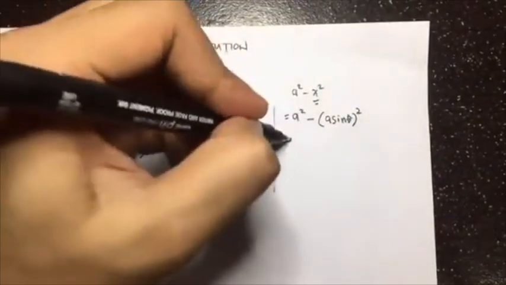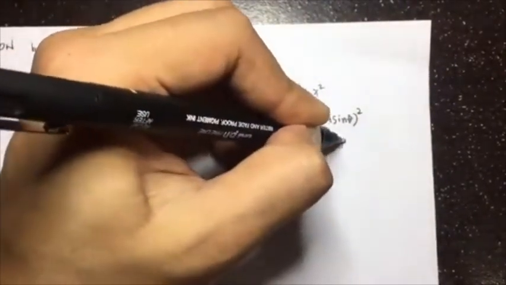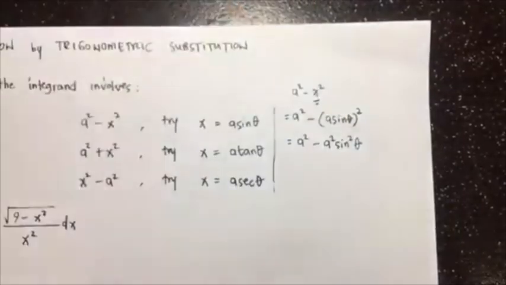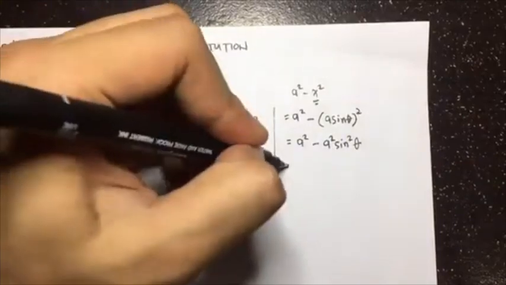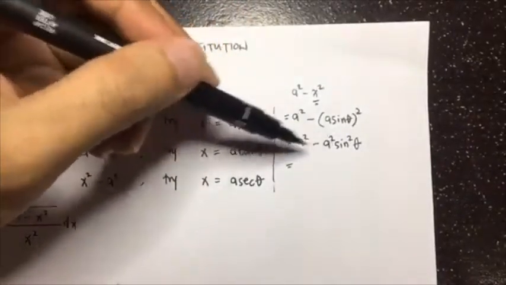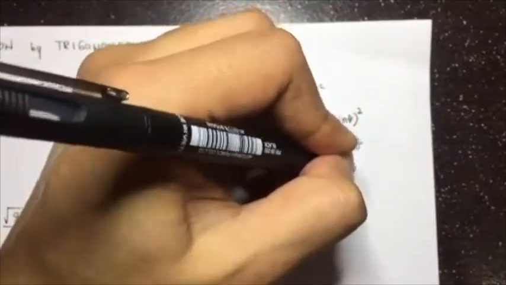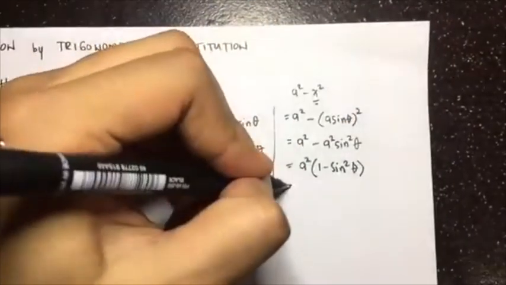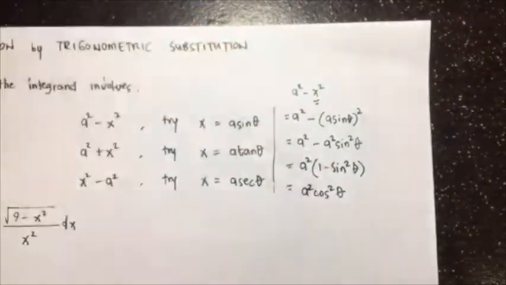That will now become a squared minus a squared sine squared theta, right? So we can factor out a squared: a squared times 1 minus sine squared theta, and from the identities we know that 1 minus sine squared theta is equal to cosine squared theta.